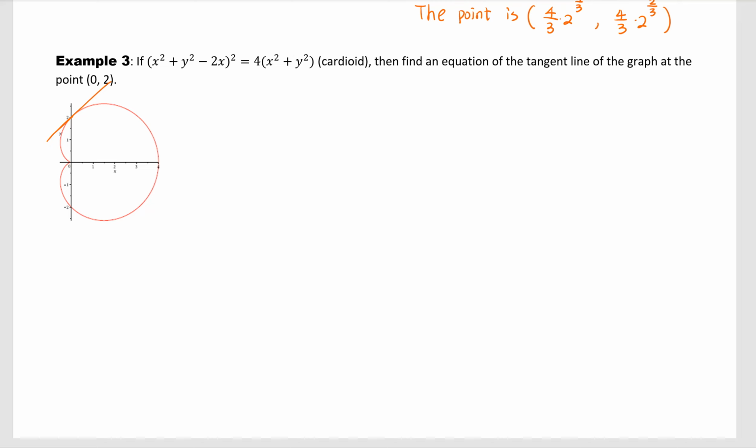Okay, how do we differentiate? You see, this guy is a composite function, so we let the inner function be u. We're using the chain rule here, right? The derivative of u squared is 2u, but you actually put down a u prime: 2u times u prime.